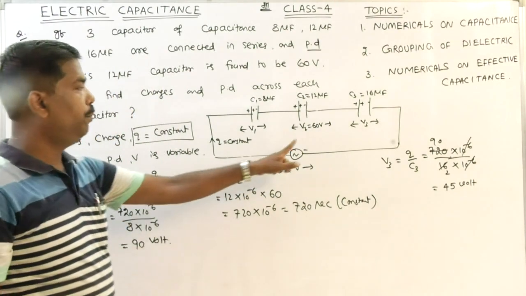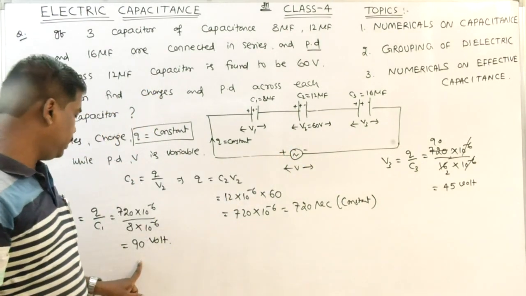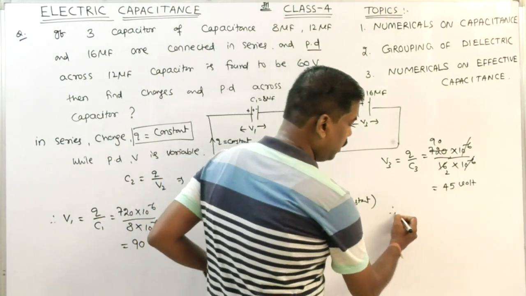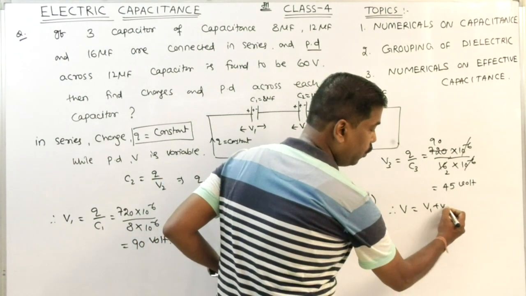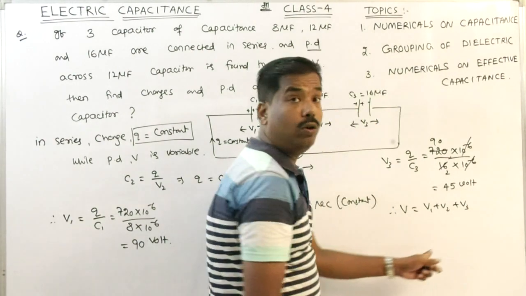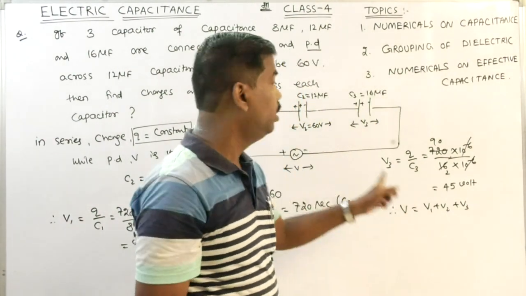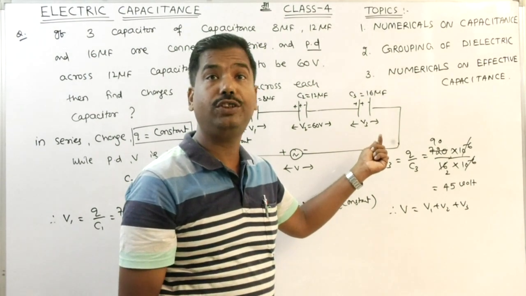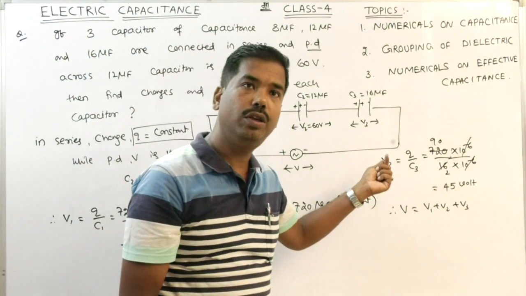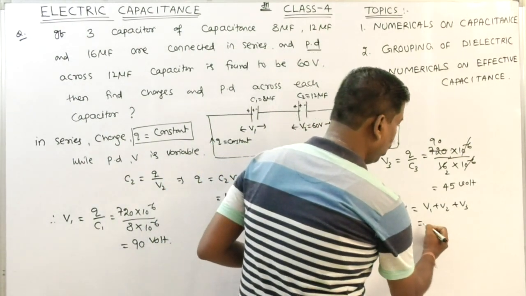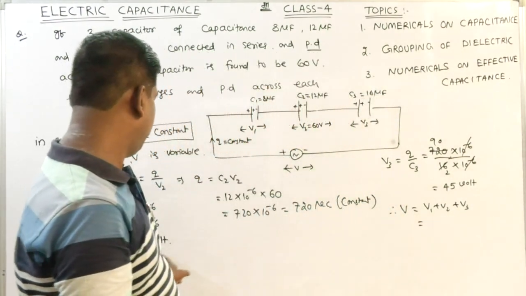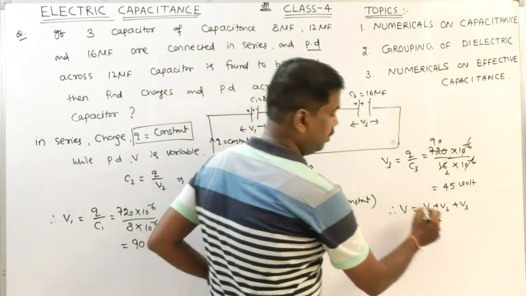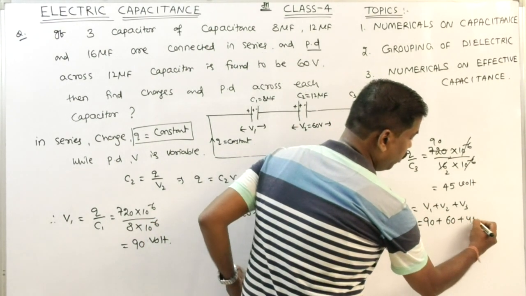Therefore, V2 is given as 60 volt, V1 is found to be 90 volt, and V3 is found to be 45 volt. Therefore, net potential V is equal to V1 plus V2 plus V3, because in series the net potential is equal to the algebraic sum of individual potentials according to the principle of superposition. So V1 is 90, V2 is 60, V3 is 45.